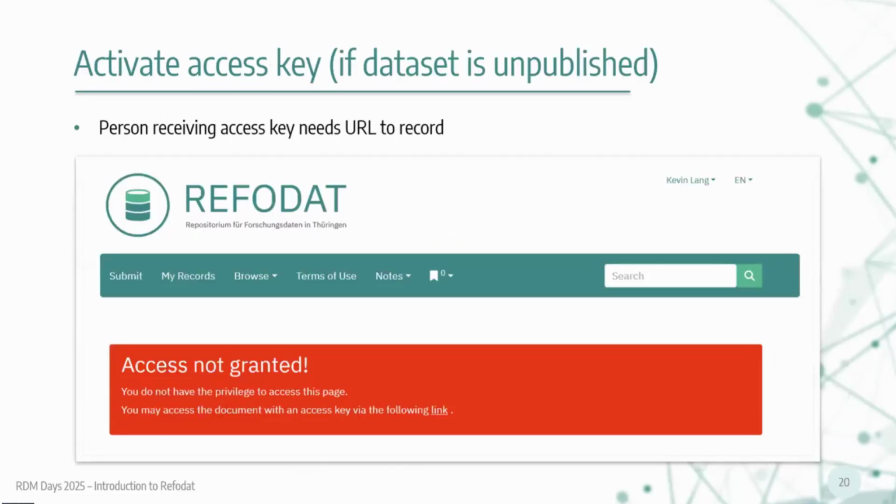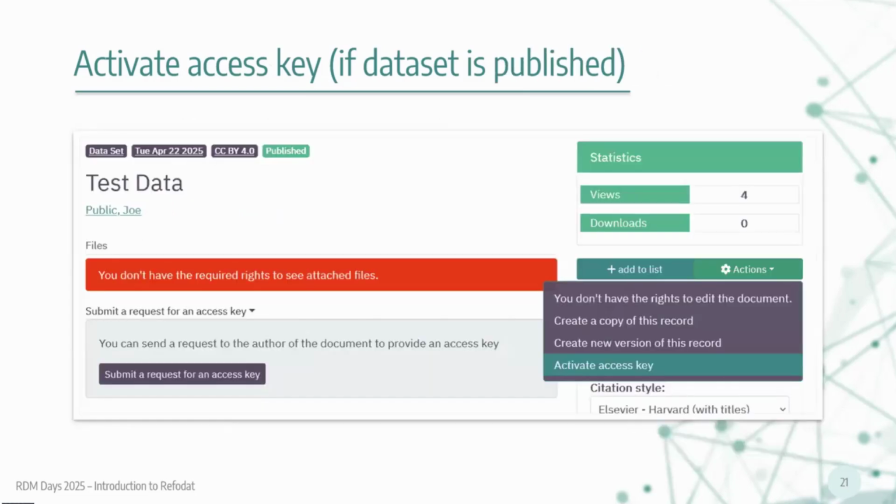Now, the person receiving your access key and trying to access your data needs the URL to the record, if the data set is unpublished yet. And then they will be able to access this record.